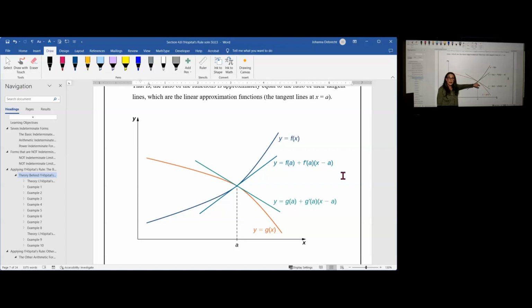The tangent line at A on F and the tangent line at A on G, and they intersect the function that you see here. We have both the function G and the function F and the two tangent lines to the two functions at that point.